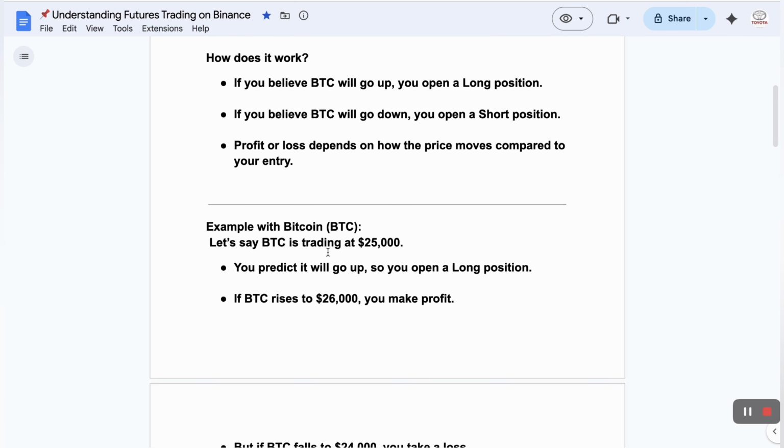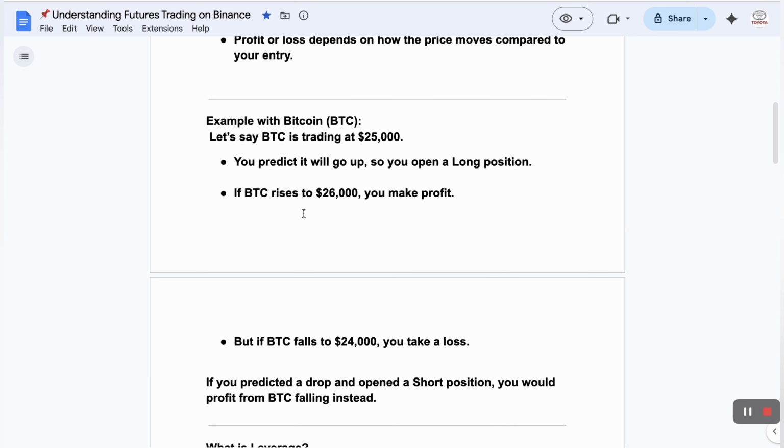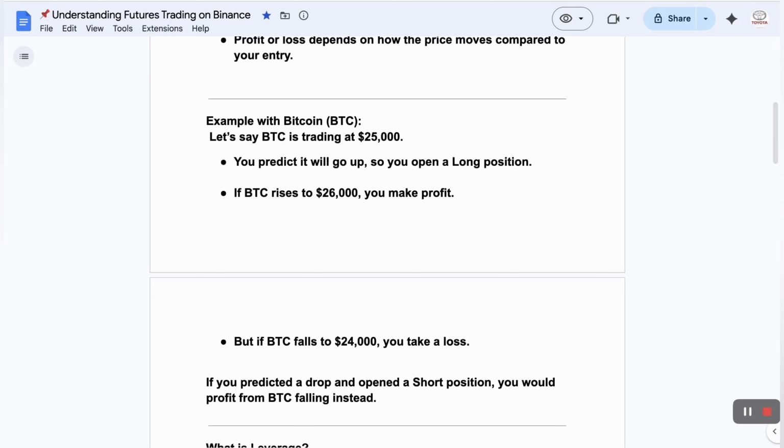Do you understand me? Example, let's say BTC is trading at $25,000 today. Then you predict it will go up, so you open a long. This is a long position. I'm trying to explain to you step by step how the futures market works. If BTC rises to 26,000, then you make a profit.